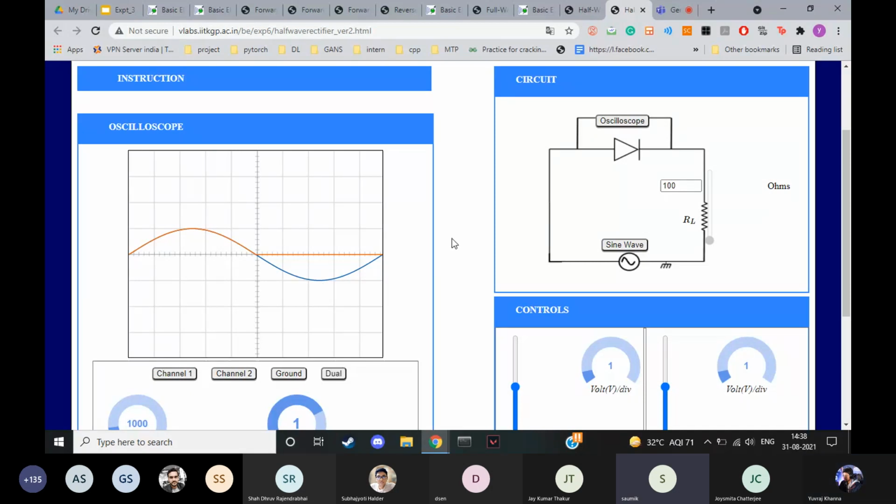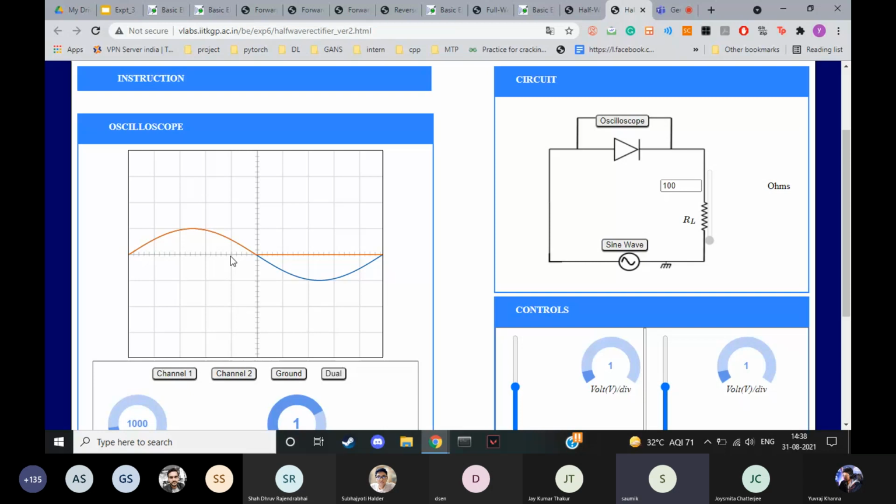We have to do some manipulation before finalizing the video, but there you can see many effects other than the results we are getting from VLab. Here we are visualizing the diodes as ideal diodes. You don't have those effects in this experiment because it's just a simulation to give you an idea of what kind of waveform you will get.